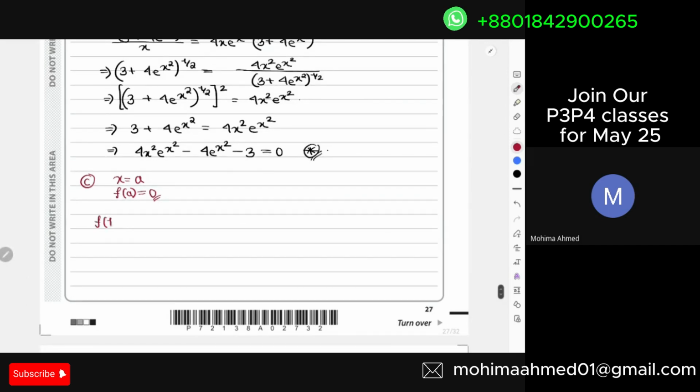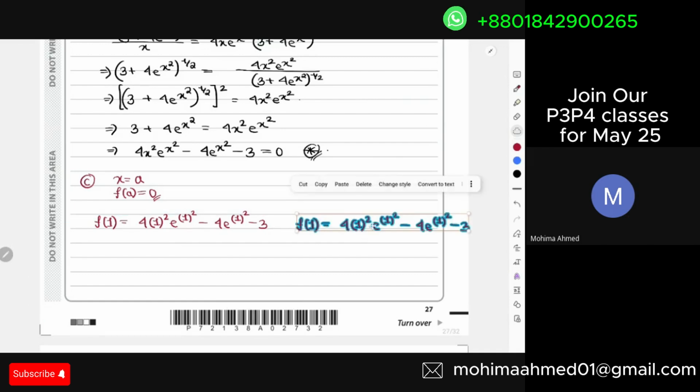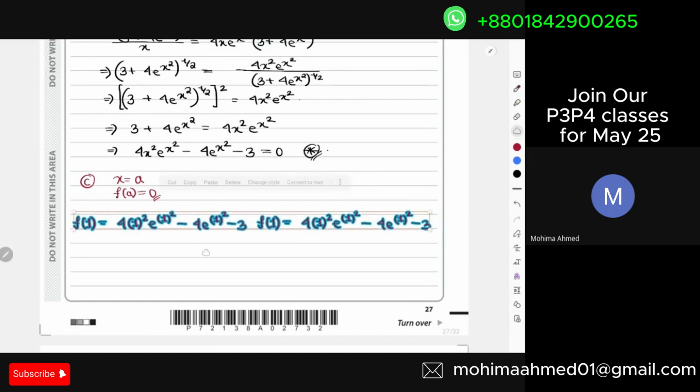So when we use x equals 1, we have 4 times 1 squared e to the power of 4 times 1 squared minus 3, and we do the same calculation for 2 also. If you calculate this, you're going to get minus 3.